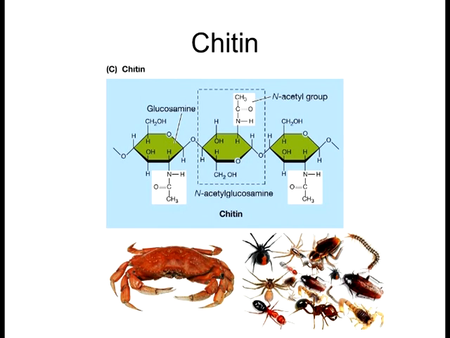So cellulose and chitin are what we call structural polysaccharides. They're not used for energy. They're used for structure, for plants, for animals that have an exoskeleton. It's used in fungi. Fungi do the same thing that plants do.